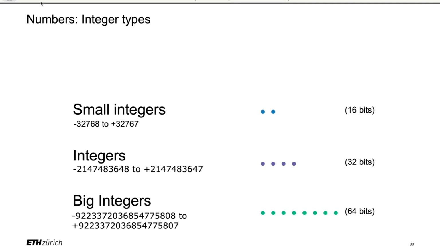All right, so small integers, big integers. And if you don't want to bother with the bit level, just think of them as intervals, right? These are the intervals of integers that you can use for every one of these types. And on the right, that's the size in memory, the number of bits it takes. And these are their names.